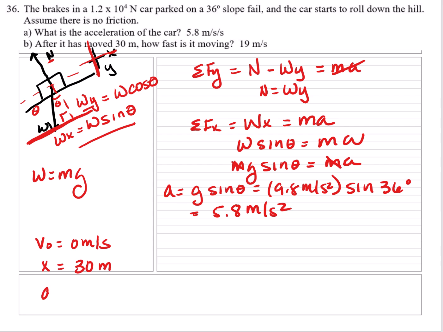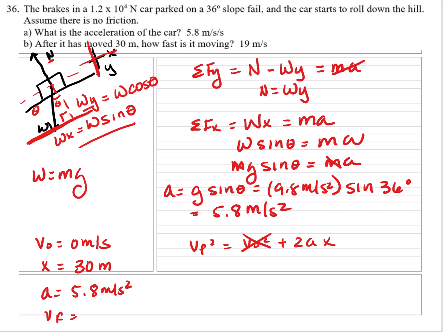We just calculated acceleration as 5.8 meters per second squared, and we're looking for final velocity. So the only kinematics equation with these four variables is vf squared equals v naught squared plus 2ax. v naught squared is 0, so we could cancel it out.